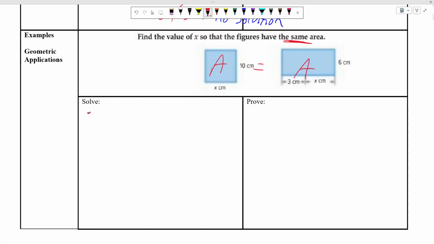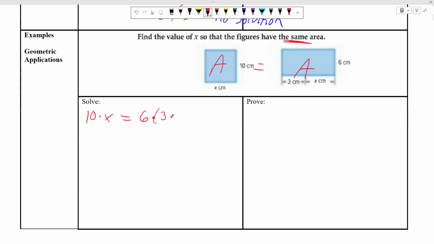So what I can sort of model by that is say that 10 times x, right? That's area. 10 times x, that's the area of just this one side, is equal to the area of this side. So it would be 6 times, and let's see, this whole side is 3 and x, or 3 plus x.